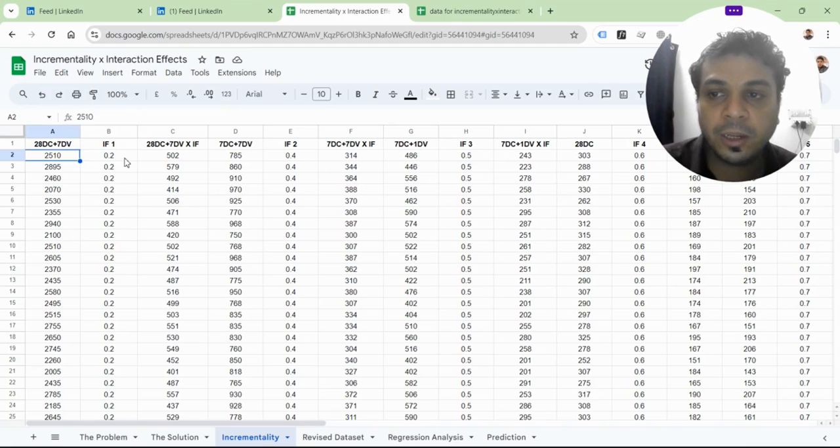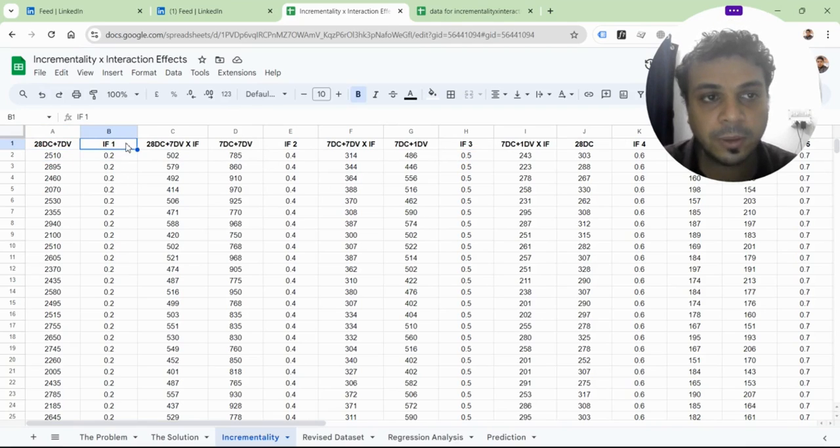The problem there would have been that these were of extremely different scales, because the incrementality factor itself, even though a variable in its own right, is an extremely low value compared to the revenue values.